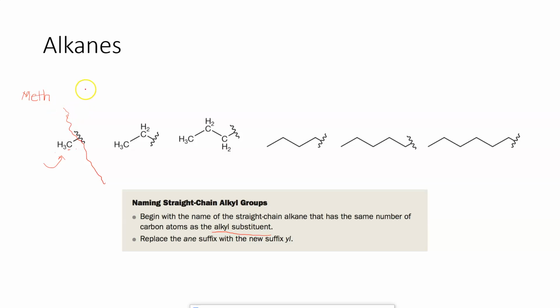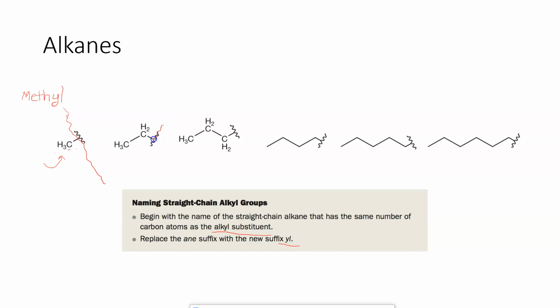Methane, if that was an alkane. But in this case, this is an alkyl substituent. So instead of adding the ending ane, I'm going to add the suffix yl. And this one becomes methyl, right?